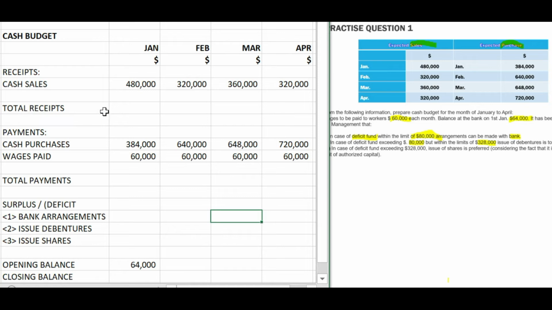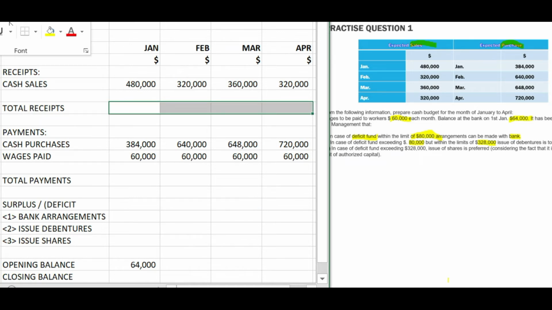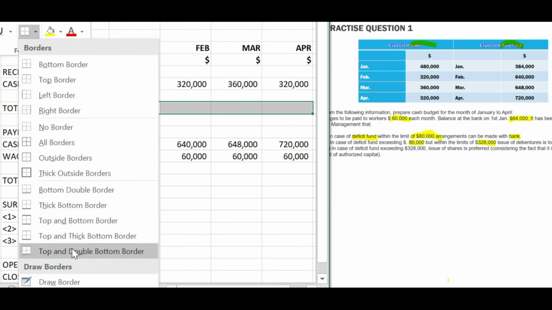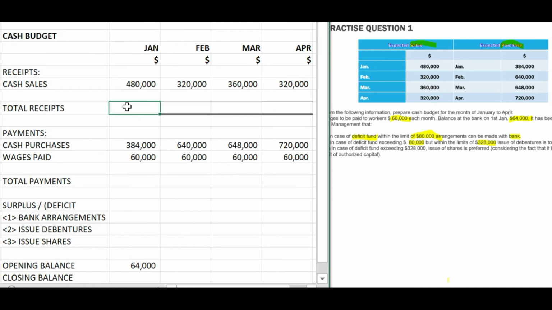Now let's prepare the formatting for the totals. Total of receipts, total for payments.